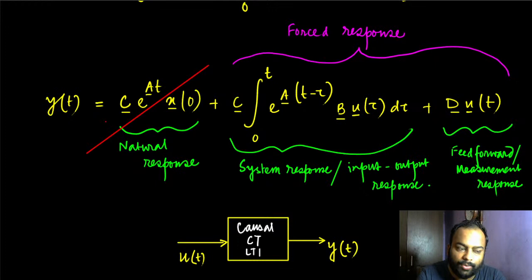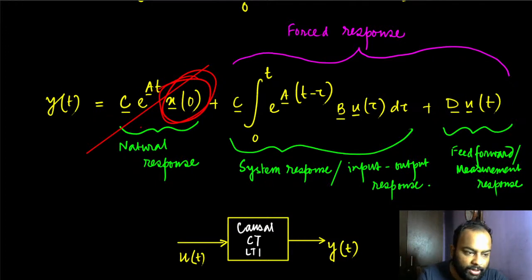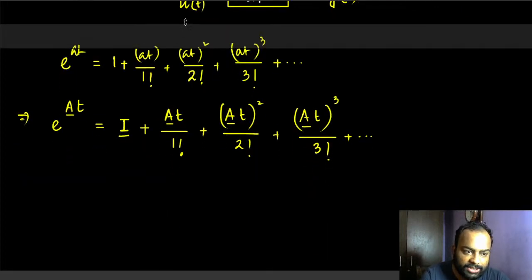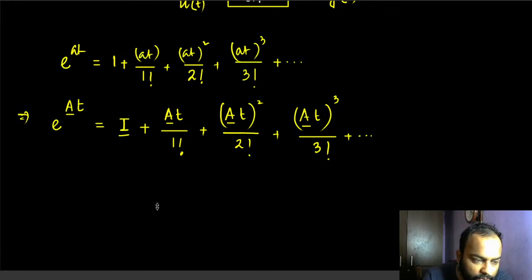Since we assume zero initial conditions, the natural response cannot be found from the transfer function approach. That is the only thing we have to lose, because the system is otherwise continuous time, linear time invariant, so all the conditions for having a transfer function model are already there.